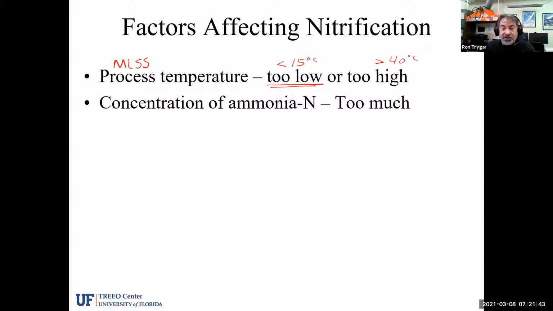We have football stadiums that break for halftime, and we have a lot of flow come into the treatment plants during halftime. Some of the university wastewater treatment plants, like the University of Florida treatment plant, tend to get a high amount of flow during halftime, and it may carry with it a lot more ammonia than at other times of the week when there are no football games in session.